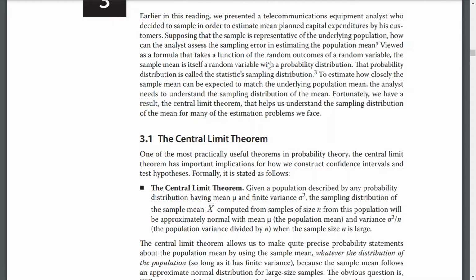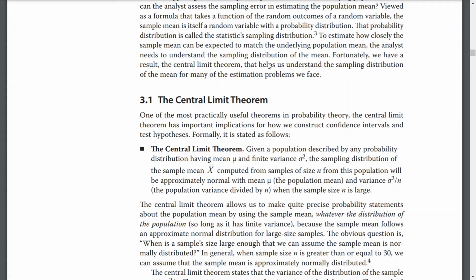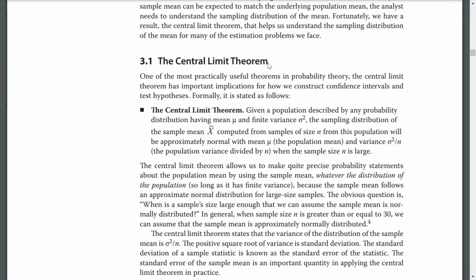3. The central limit theorem. One of the most practically useful theorems in probability theory, the central limit theorem has important implications for how we construct confidence intervals and test hypotheses. Formally, it is stated as follows.